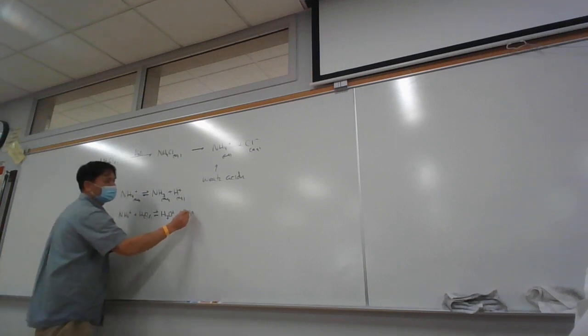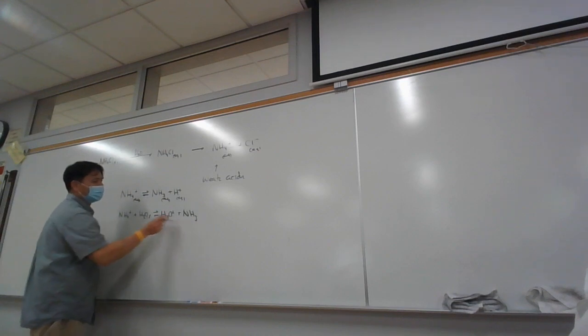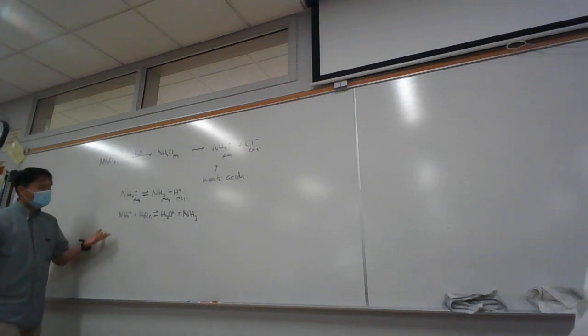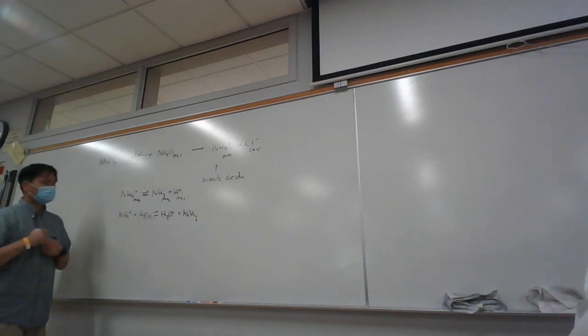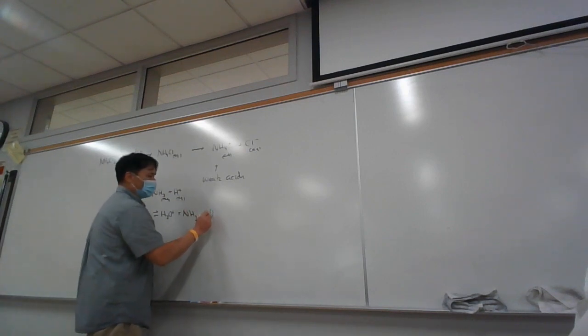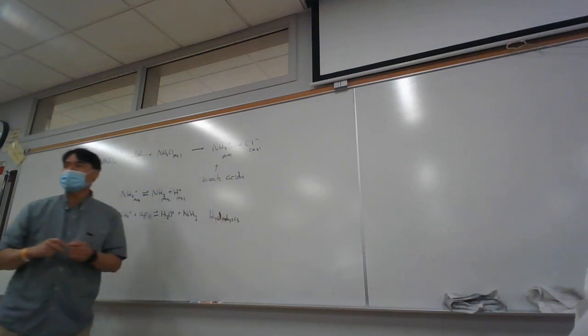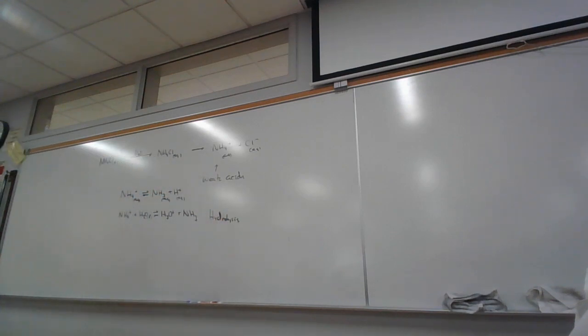NH3. So both of these equations say the same thing. The top equation is more compact. The top equation is the way I would have done it in Chem 1A. But in Chem 1B, we do it the bottom equation way. And the bottom equation way is hydrolysis. Hydrolysis is when you react something with water. Hydrolysis of water is breaking apart the water, but it doesn't have to break apart.